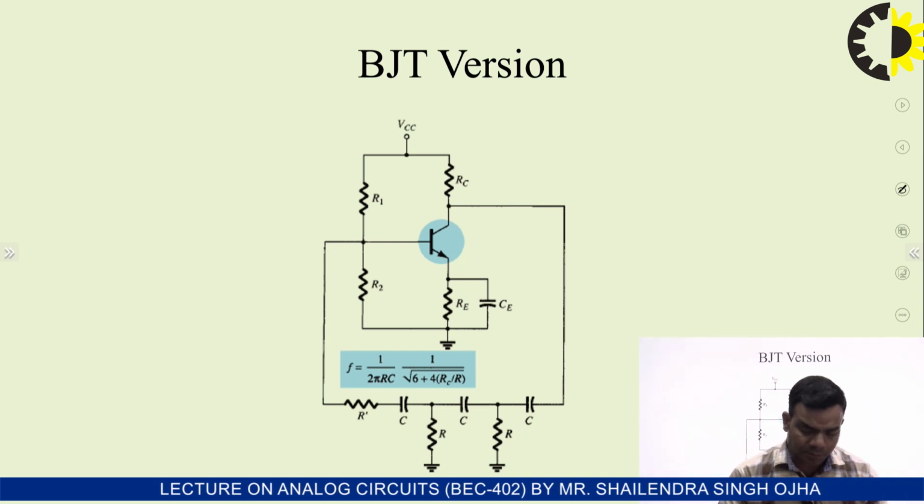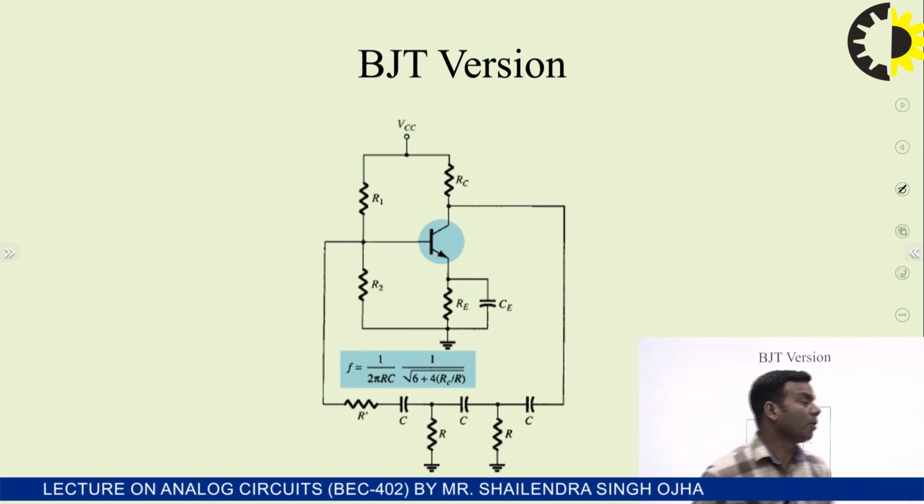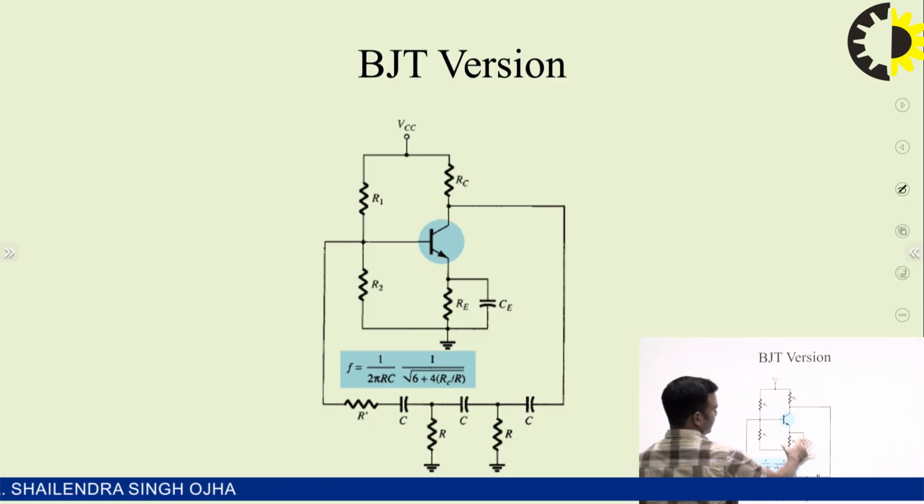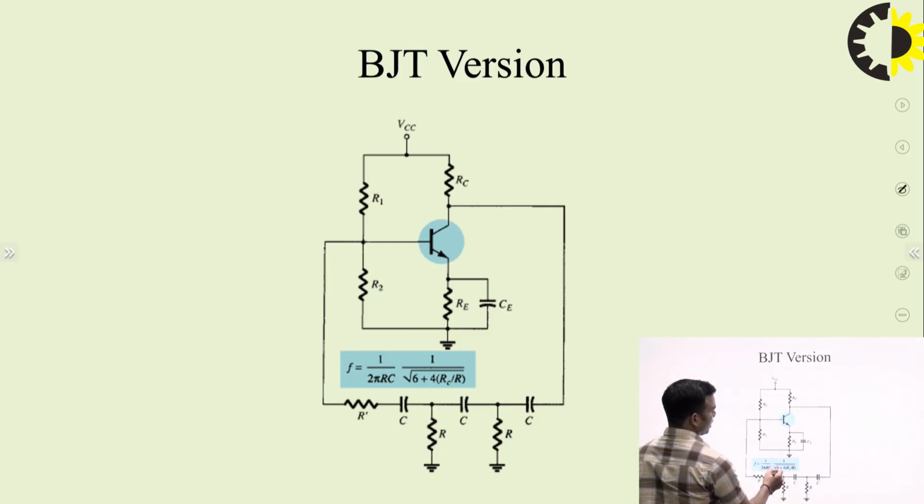And this is the BJT version of the RC phase shift oscillator. You can see here, everything is like this. So f is 1 upon 2 pi RC, 1 upon under root 6 plus 4 RC upon R, where RC is this resistor which is connected to the collector terminal.